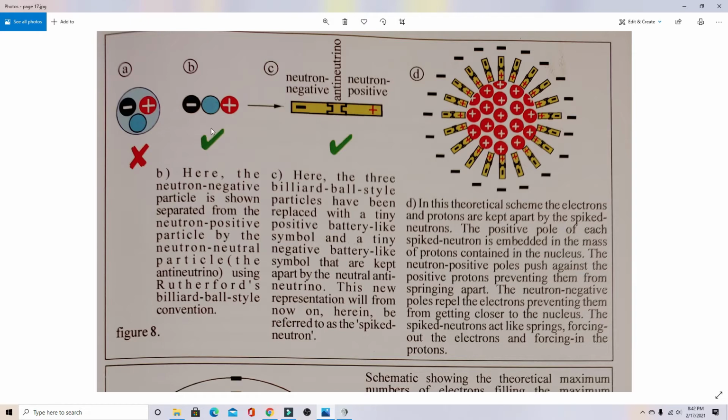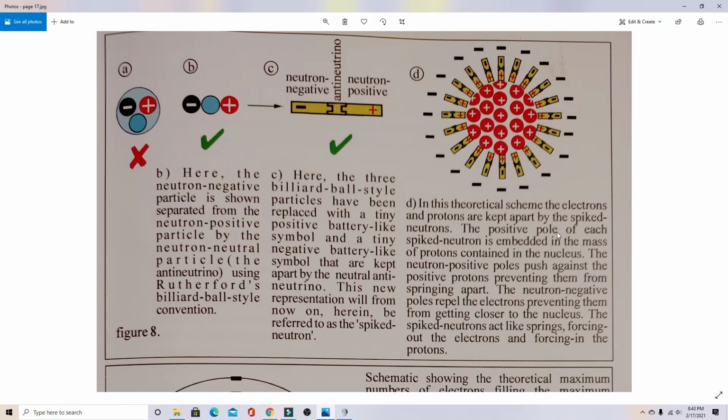All right, but this is the construction that they give us, and it makes no sense because this positive and this negative would attract to each other and annihilate each other. You see, so it makes no sense. But what can keep them apart? The antineutrino, and we know that the antineutrino exists because of the hadron collider, where they smash stuff together to find it. Okay, so in this theoretical scheme, the electrons and protons are kept apart by the spiked neutron.